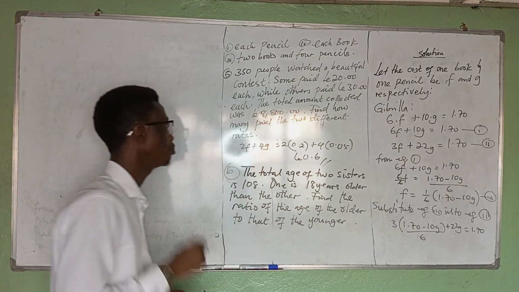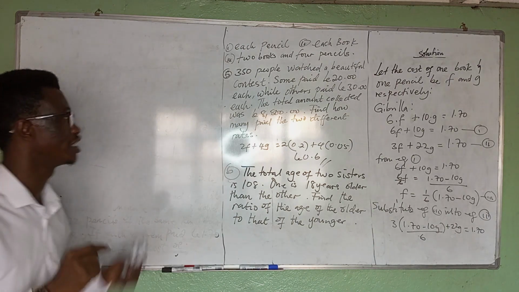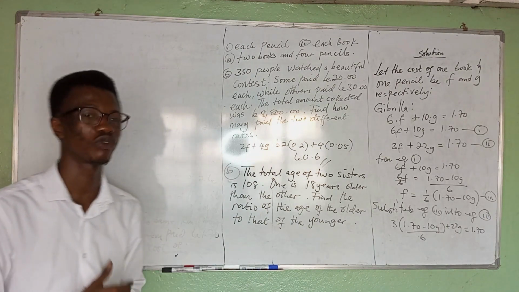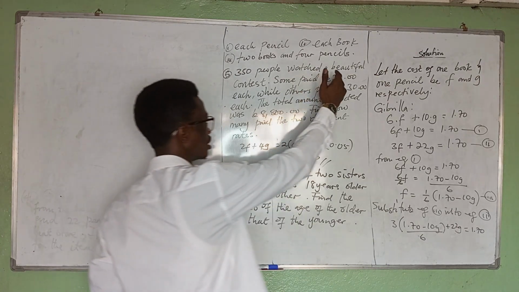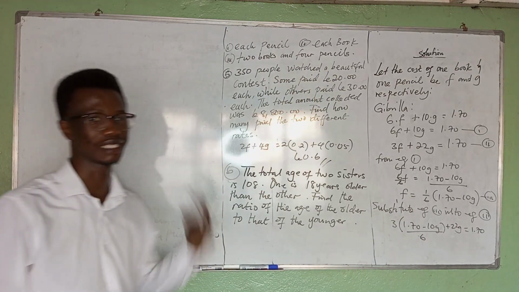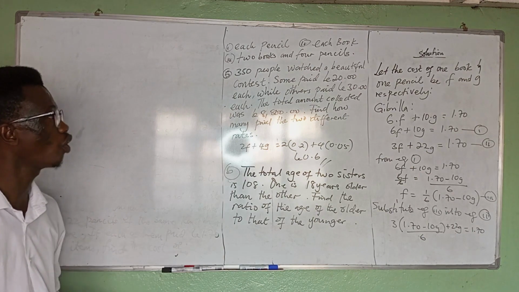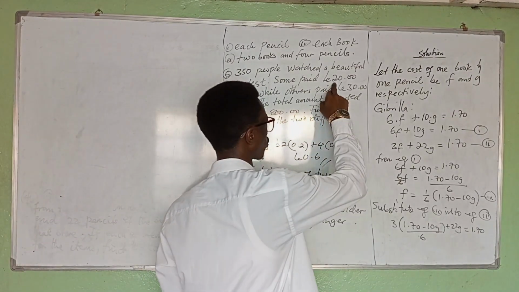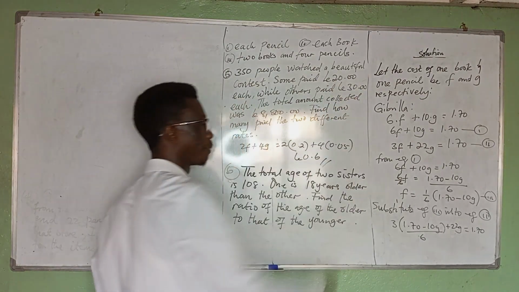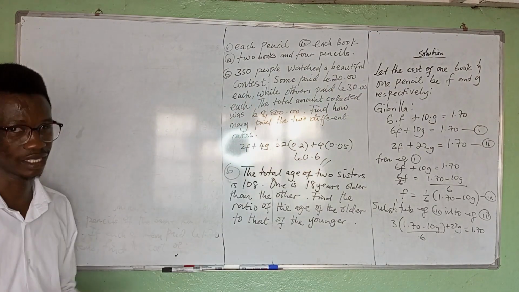Find how many paid the 2 different rates. So basically you need to find the number: how many people pay the 20 and how many pay 30. So you don't know the amount of people that pay 20 each. You don't know the amount of people that pay 30.